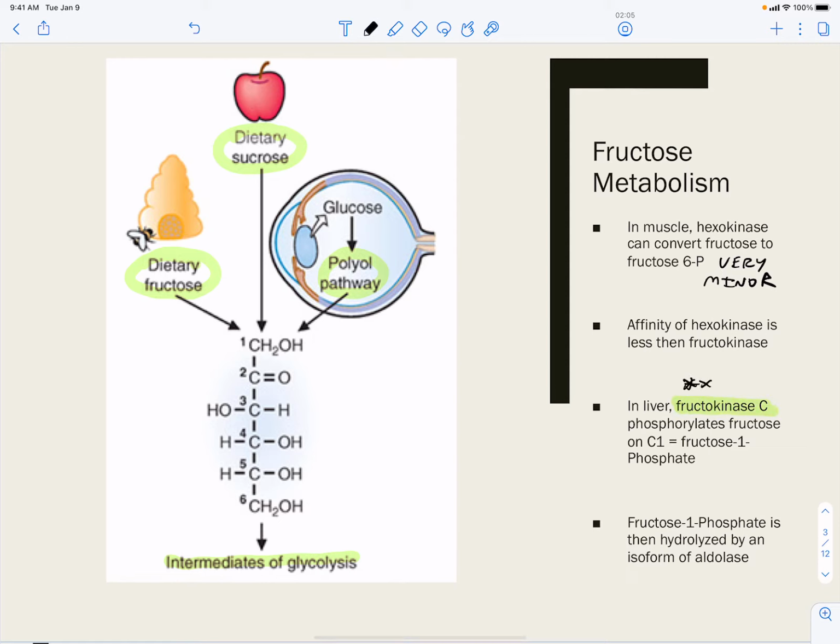So your fructokinase, similar to hexokinase, which added a phosphate to your glucose during glycolysis. Fructokinase C is going to add a phosphate to fructose, and this is on carbon position 1 here, and you're going to get fructose 1-phosphate. And then fructose 1-phosphate has to be metabolized. If you have accumulation of fructose 1-phosphate, this can lead to diseases.